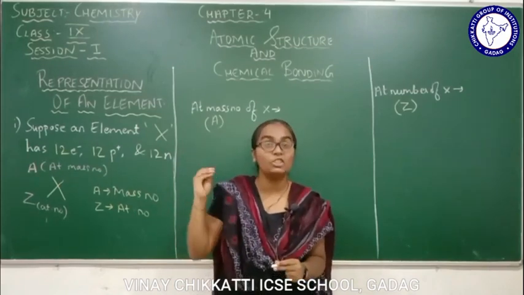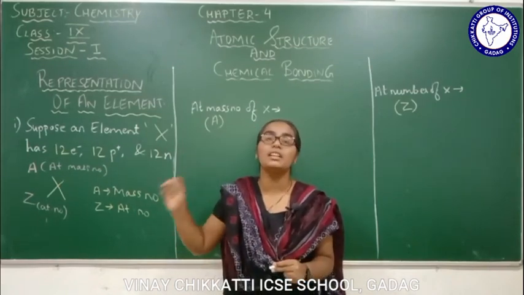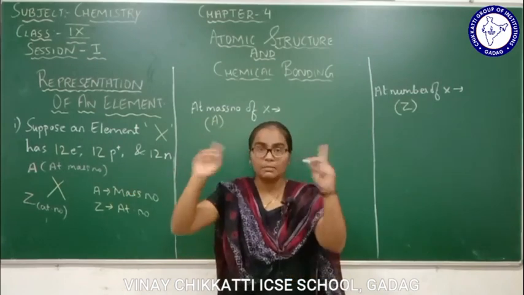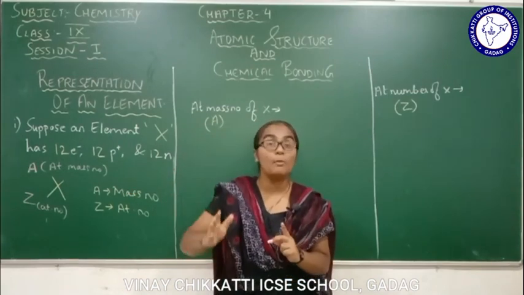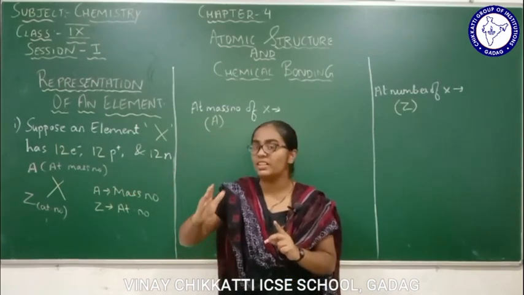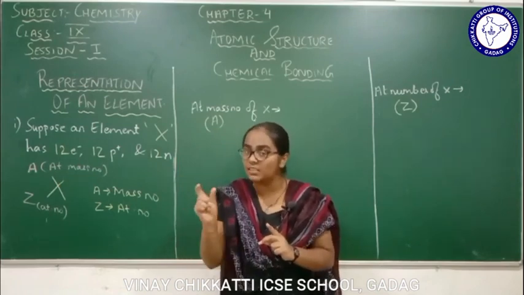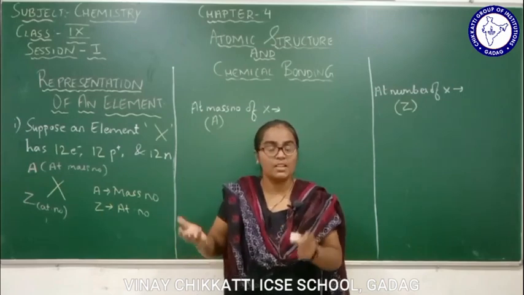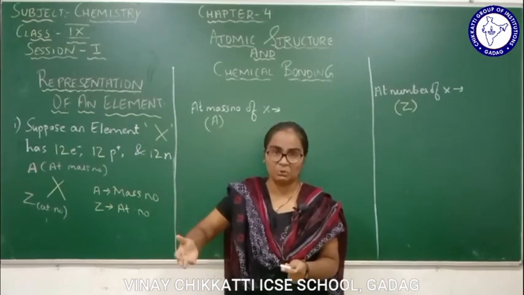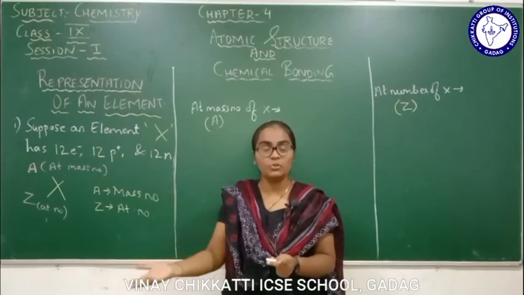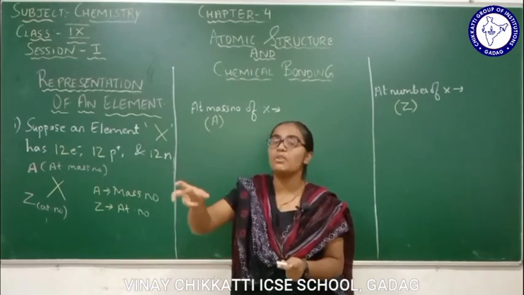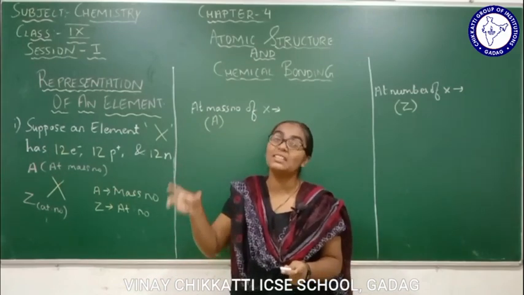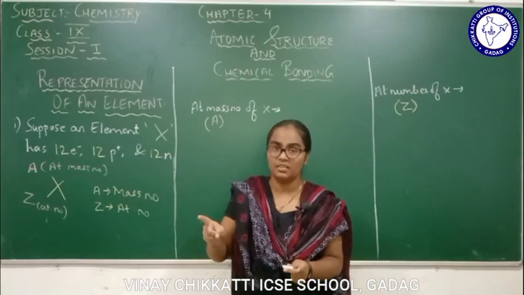Whatever the mass of the nucleus is, that will be the ultimate mass of the atom. When I use the word atomic mass number, the word mass means the mass of the nucleus, which is the number of protons plus the number of neutrons. So this number of protons and neutrons is nothing but the atomic mass number, right?